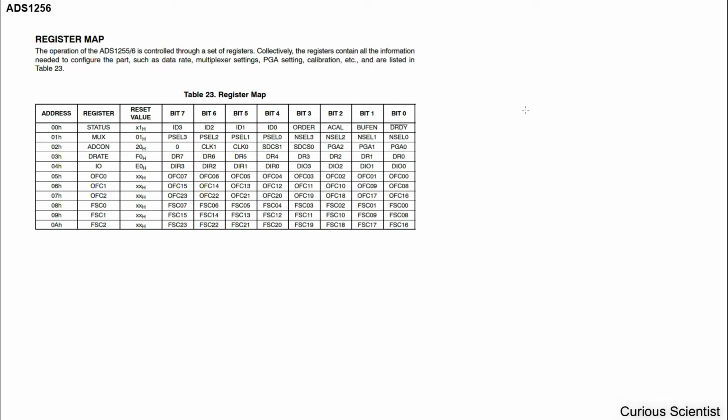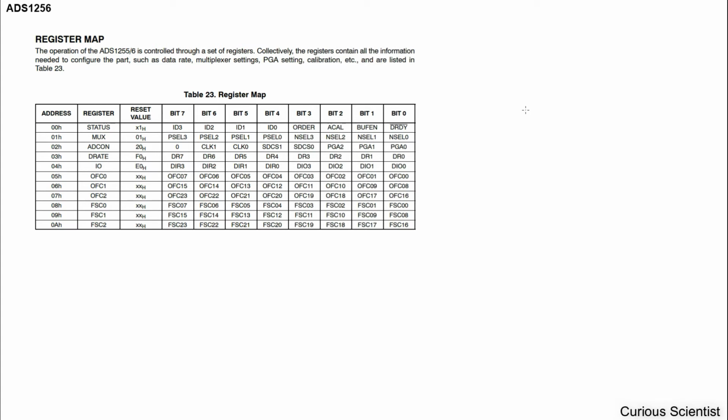So it's nothing fancy. I will show some pictures later about the circuit, and I will show you all the connections, but the main goal of this video is to go through the registers and show you how to set up everything, so you will be able to control all the parameters of this circuit.